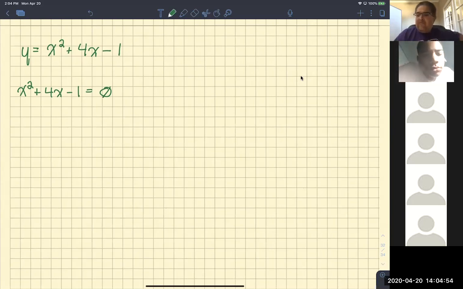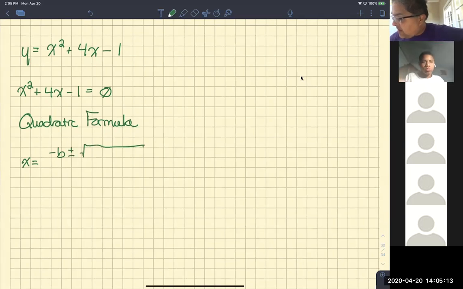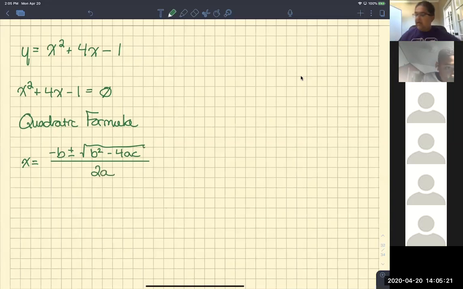Now, the way you solve this is by using what we call the quadratic formula. And the quadratic formula is pretty scary. Okay.